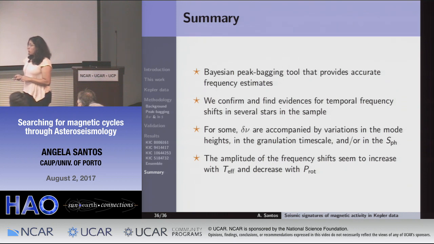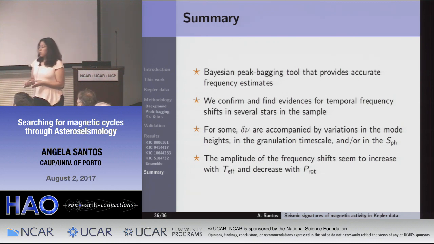And we can also use asteroseismology to learn how magnetic fields evolve in stars, and how the evolution of stars is also affected by magnetic fields. So thank you very much.